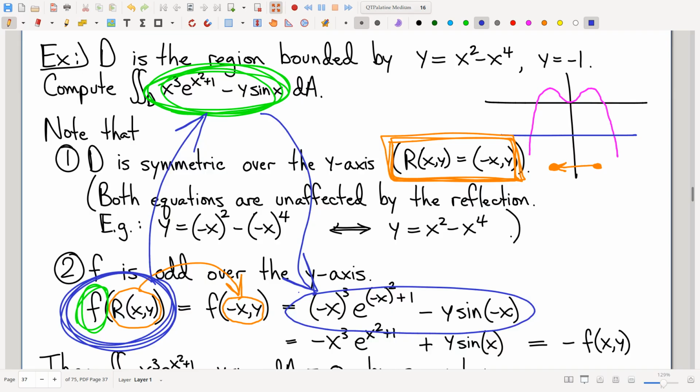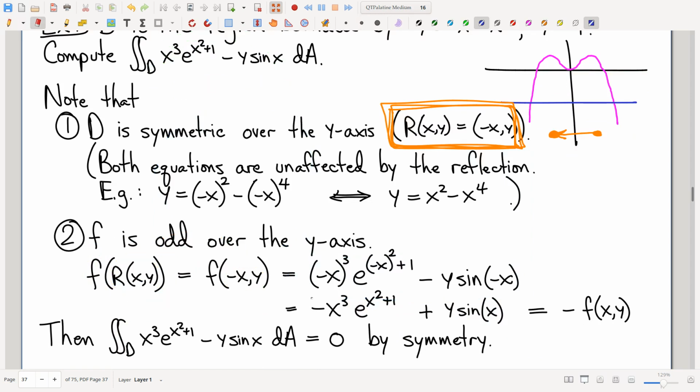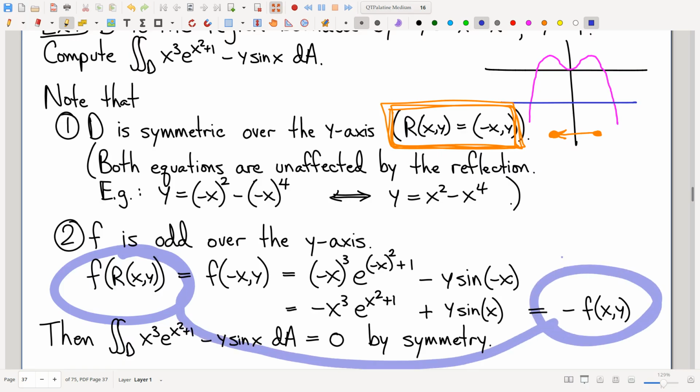And then you take that algebra and work it out, as required. Anyway, you reflect the input, and you negate the output.